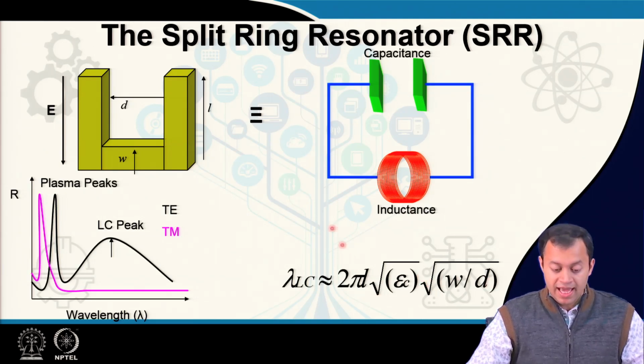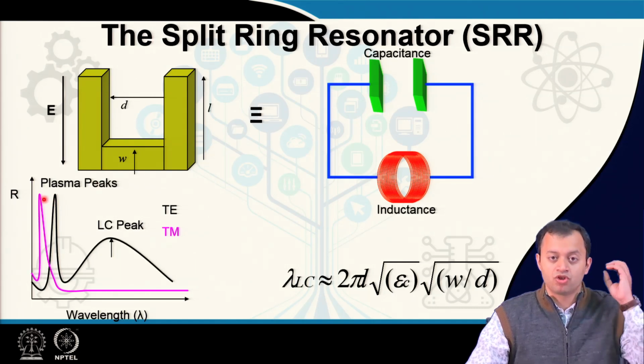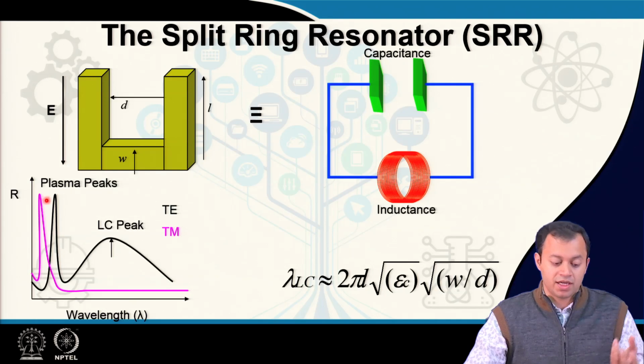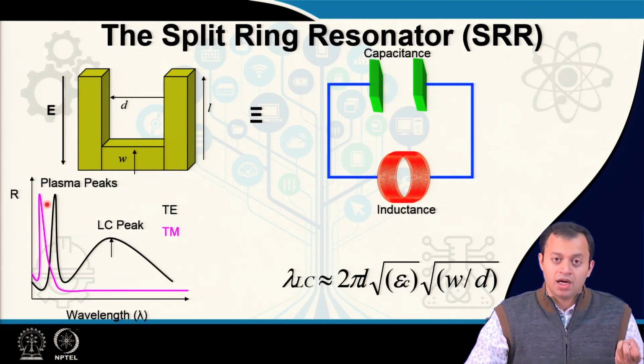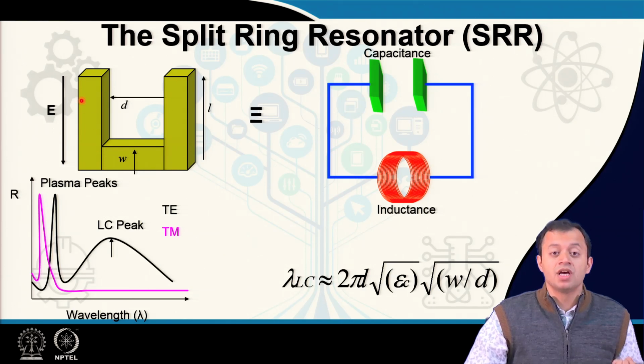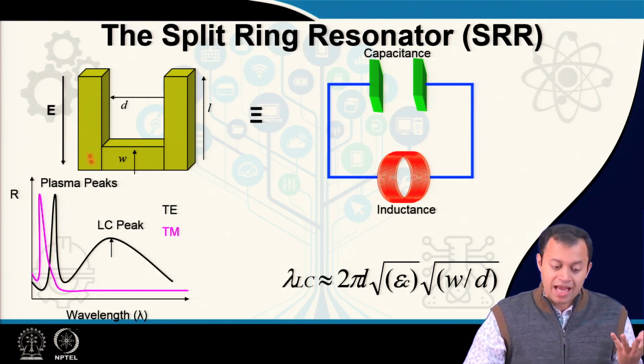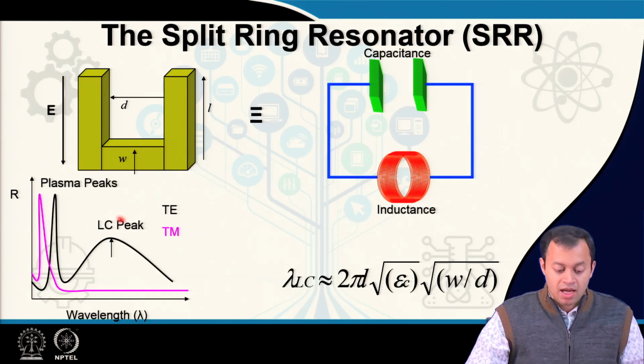W, D, L are the length, width, and this gap, this D, and epsilon C is simply the surrounding refractive index. Plasma peaks are the peaks that whenever you shine light, light gets reflected. This is the electrical resonance, because the electron cloud present in this metal is opposing it, and that will happen in any case, and this is not polarization dependent.